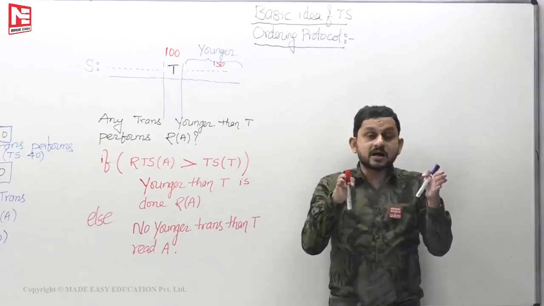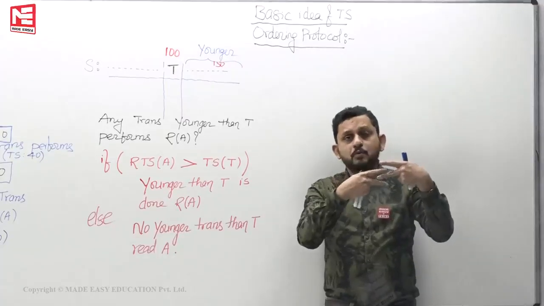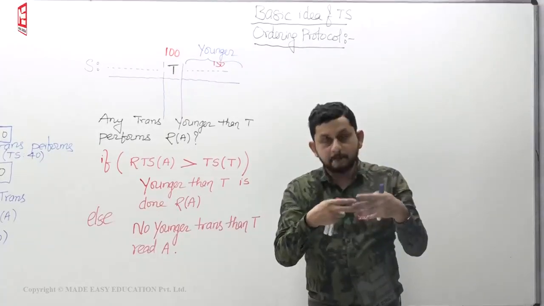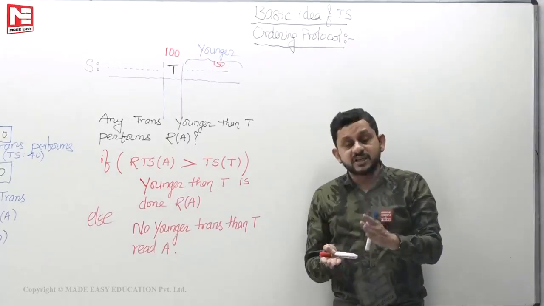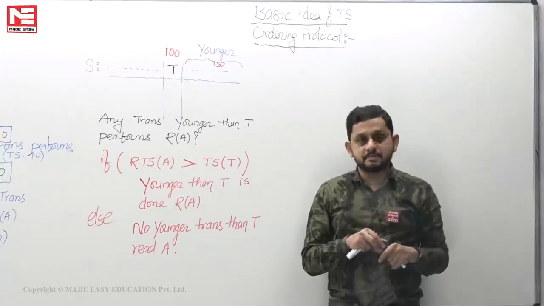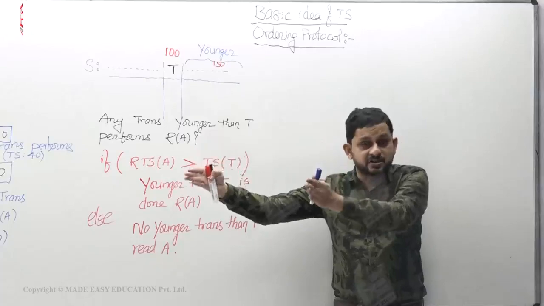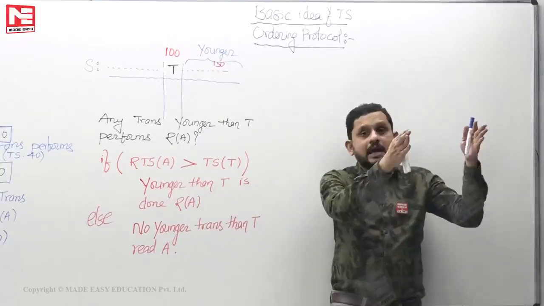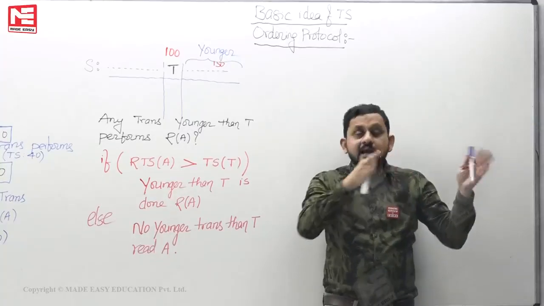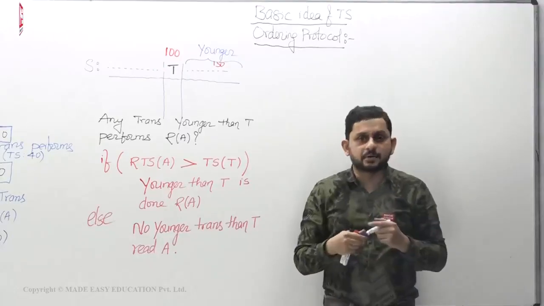Concurrent execution of two or more transactions must be equal to serial based on timestamp orders. If concurrent execution of transactions is equal to serial based on timestamp orders, then the schedule is allowed to execute by the timestamp ordering protocol.